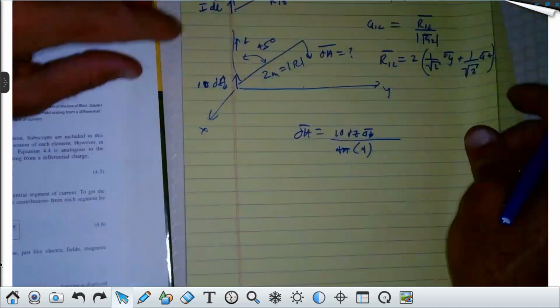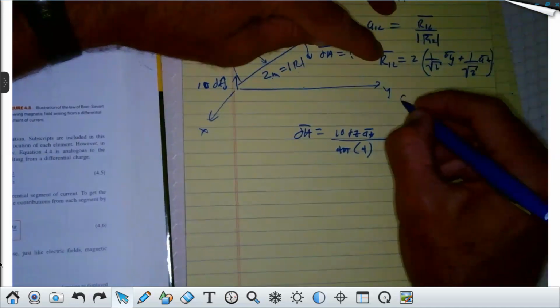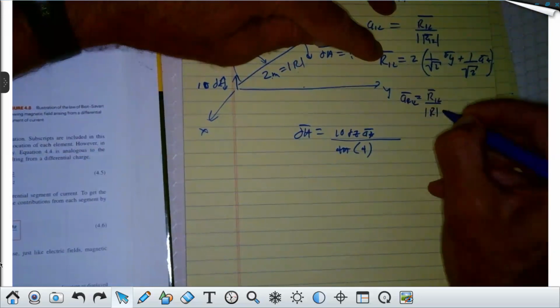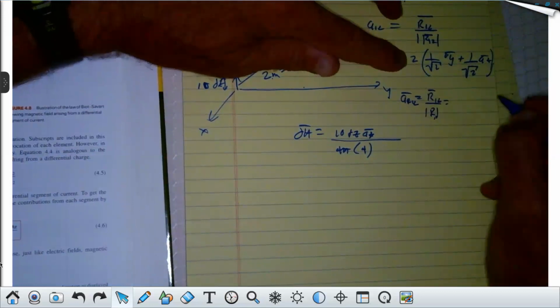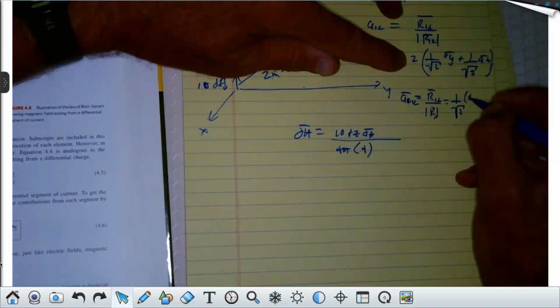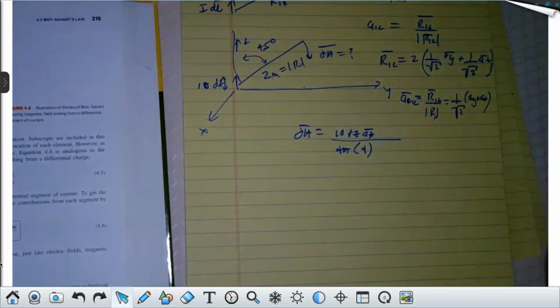So if that's vector R, the next thing I need is the unit vector AR12, and that's vector R12 over the magnitude of R12. And you can see what happens here is you just get 1 over the square root of 2 times AY plus AZ. Everybody agree with that?